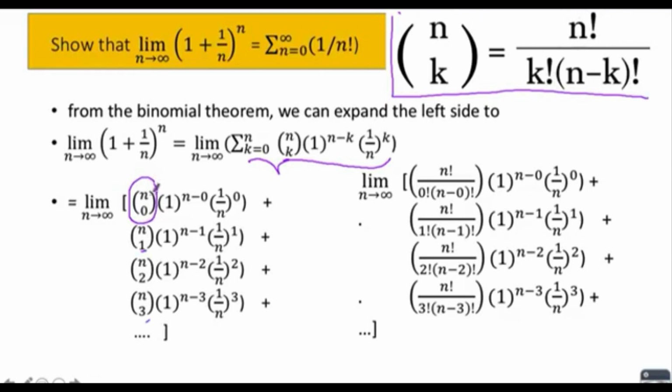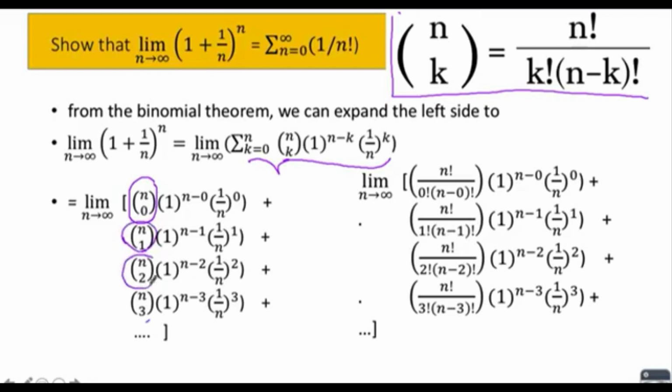So for this part, we now have n factorial over our k is 0, then the quantity n minus 0 for the quantity n minus k in the formula. And then don't forget the factorial notation. Then copy this part. Then evaluate the combination of n objects taken one at a time. That is now this value, n factorial over, instead of k factorial, we have 1 factorial now, and then we have quantity n minus 1 factorial. That's how we evaluate the second one.